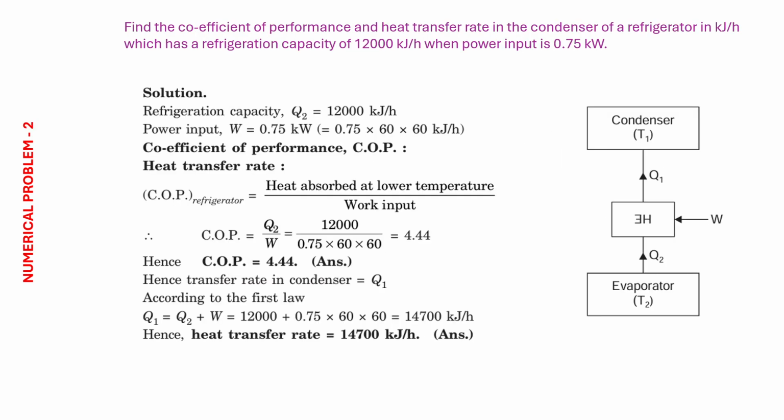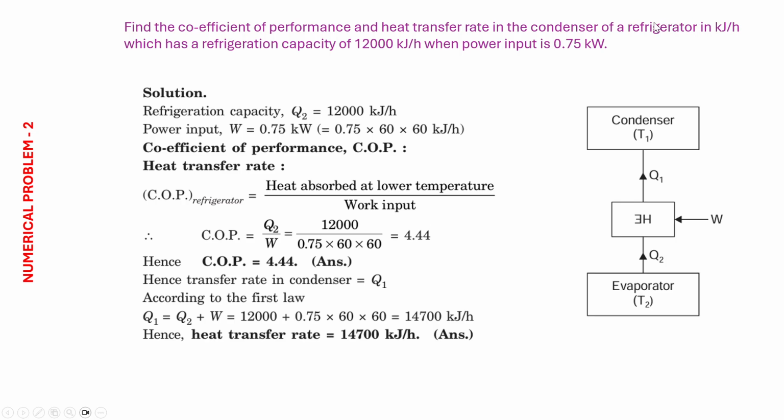Now coming to the second numerical problem, which is based on the refrigerator. As we discussed earlier in the class, it's a mere modification, a reverse format of the heat engine. So we are in a situation to find the coefficient of performance. Obviously, the core objective of any refrigerator is to remove heat from the vessel or material kept inside.